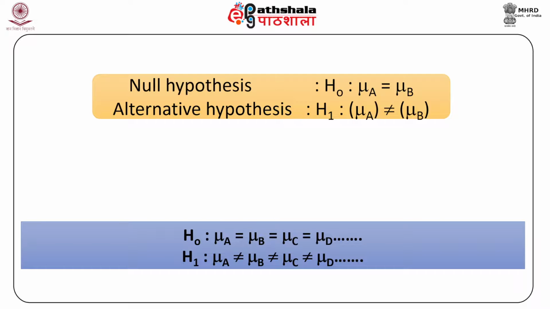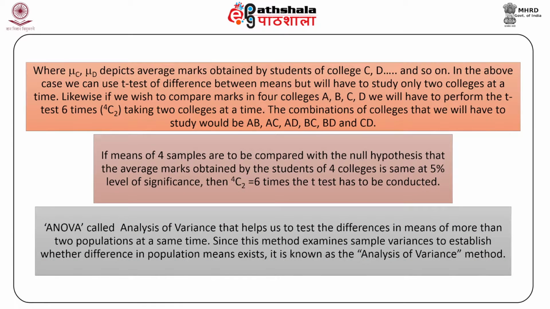That means our null hypothesis H0 would be mu A equal to mu B equal to mu C equal to mu D, and so on, and H1 is mu A not equal to mu B not equal to mu C not equal to mu D, and so on, where mu C, mu D depict average marks obtained by students of college C, D, and so on.